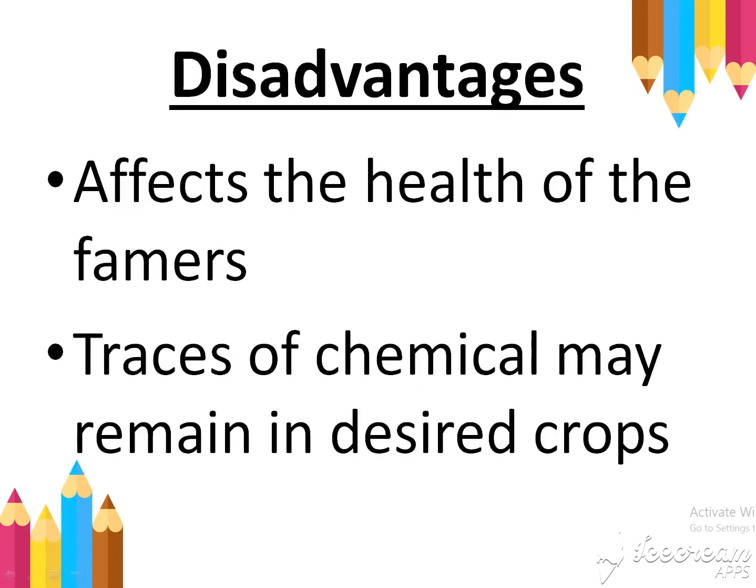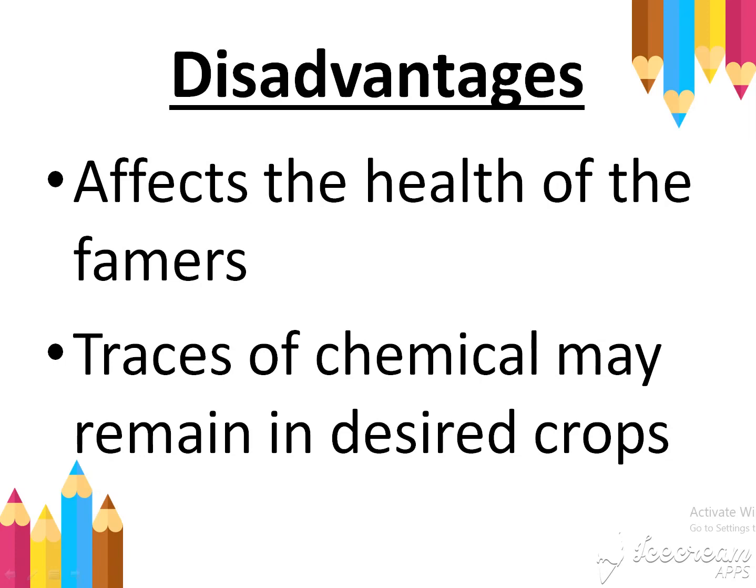And what are the disadvantages of using these weedicides and pesticides? First one is, it affects the health of the farmers. Sometimes unknowingly or accidentally, the weedicides or the pesticides may come in contact with the farmers, and this will lead to health problems for the farmers.